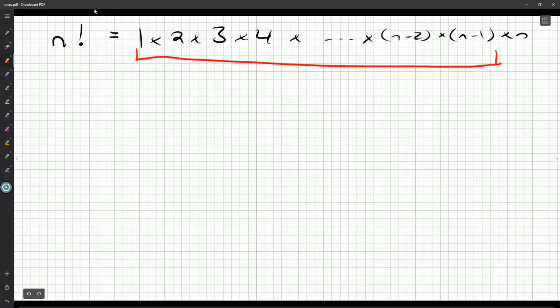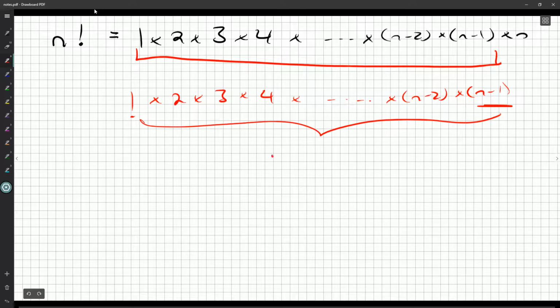Now, this expression here, what is this? Do you recognize 1 times 2 times 3 times 4 all the way up to n minus 1, without this little n over here? You might not. But this is the product of the numbers from 1 to n minus 1 inclusive. Every number's there. And we have a brand new name for that. It's factorial. So this is really n minus 1 factorial.